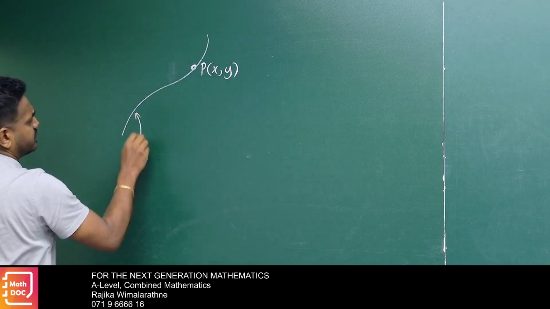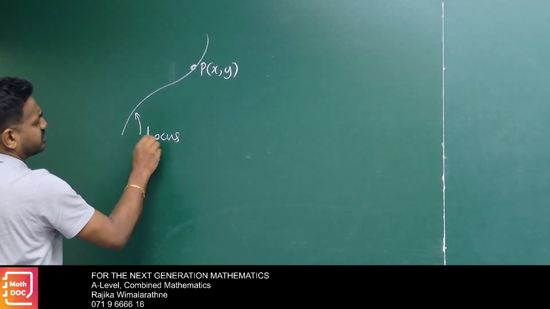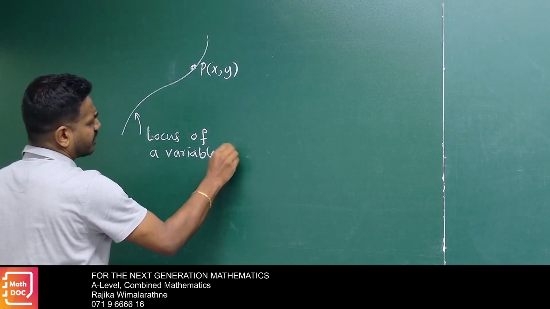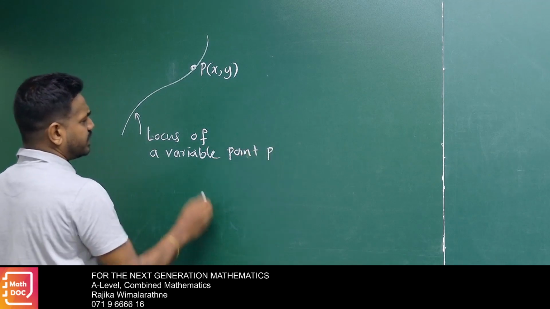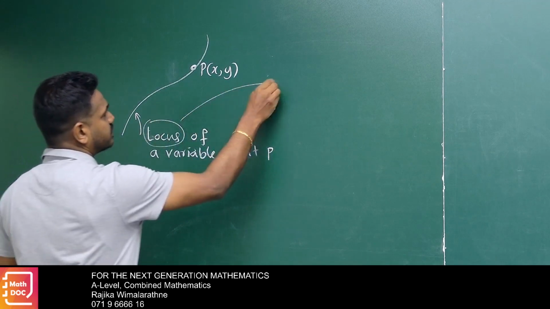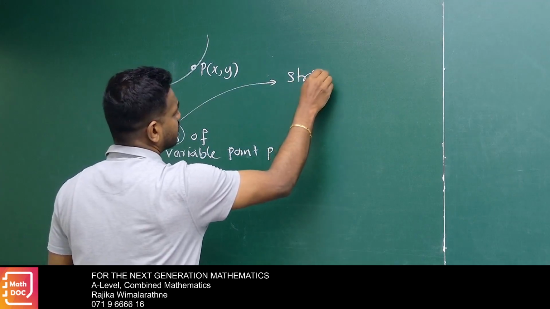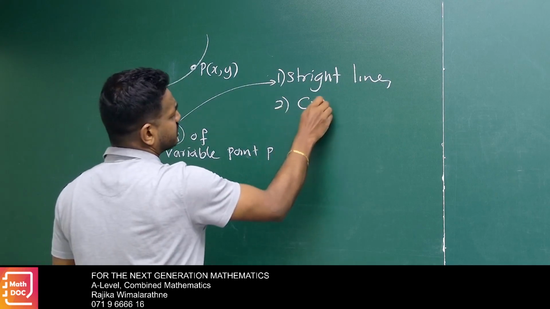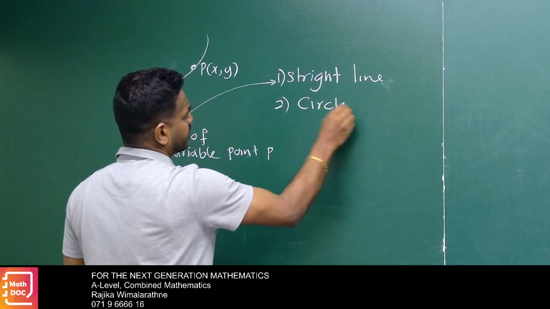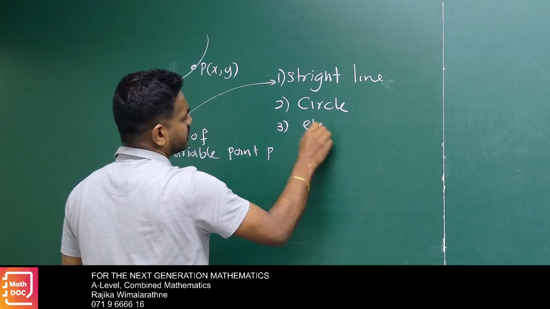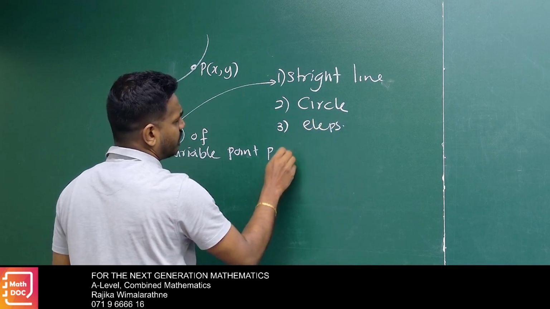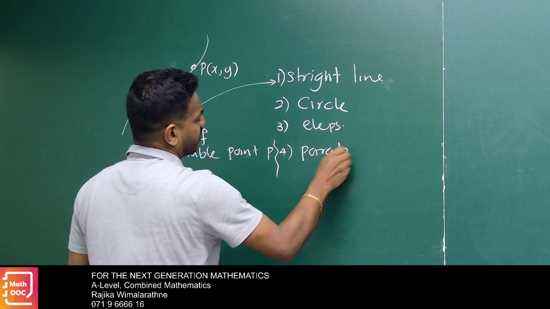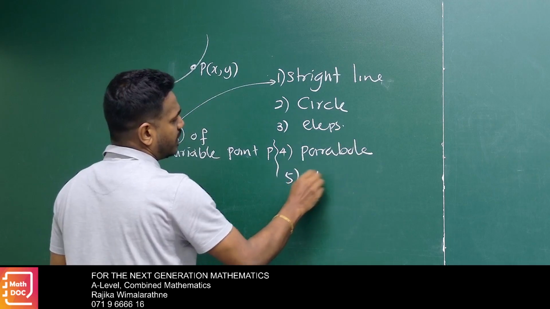Here this is what we call the locus of a variable point P. So here there can be different types of locus: straight lines, circles, an ellipse, and parabola, hyperbola.